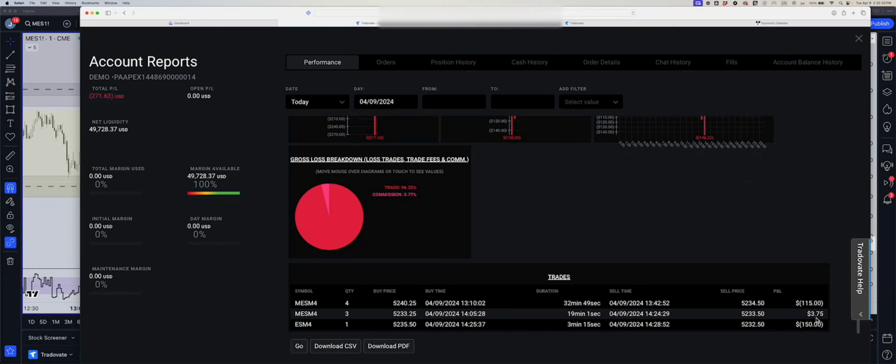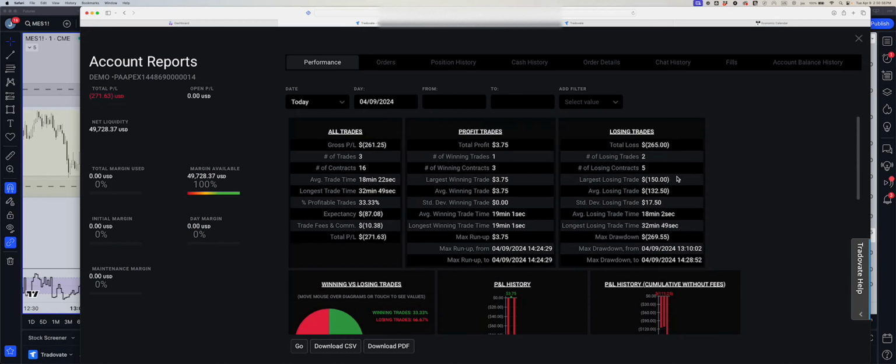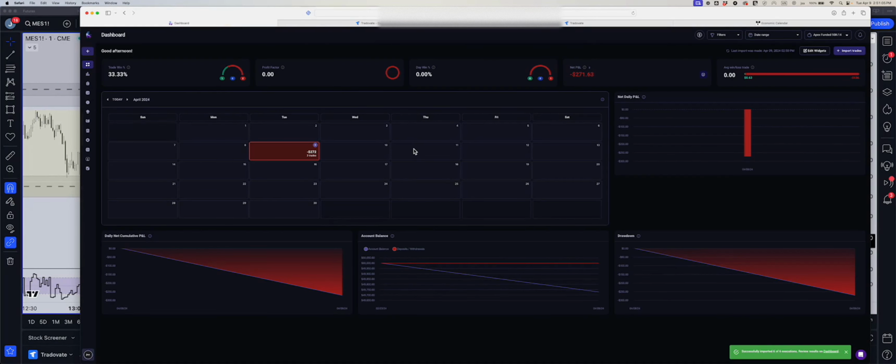One was a $3.75 win. The other 2 were losses. Managed my risk pretty well today. Again, I'm risking $150. This is a new funded account, and we are starting over. All right, so we are down $271.63.